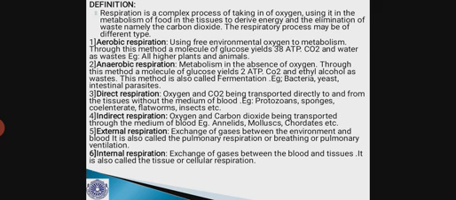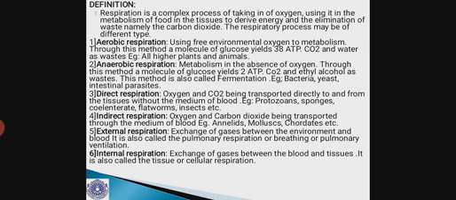The next type is anaerobic respiration. It is metabolism in the absence of oxygen, and through this method a molecule of glucose yields only 2 ATPs. So there is a huge gap in ATP production between aerobic and anaerobic respiration.